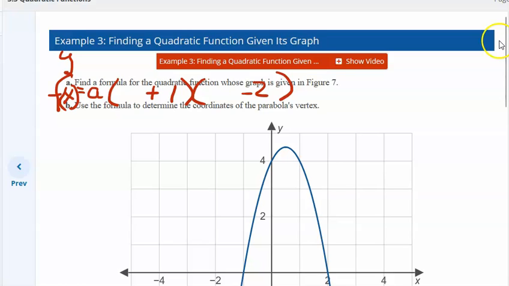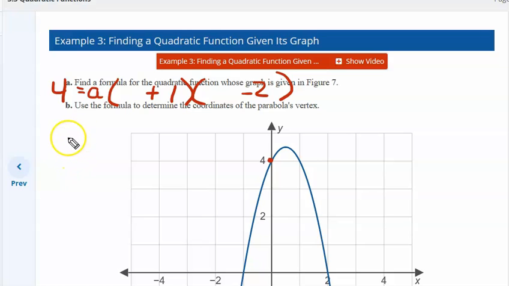Now, what we don't know at this stage is our a value, but we also have a value for our y out here that I can erase. This is going to be a y. And what is our y value right there? When x is 0, it's 4.